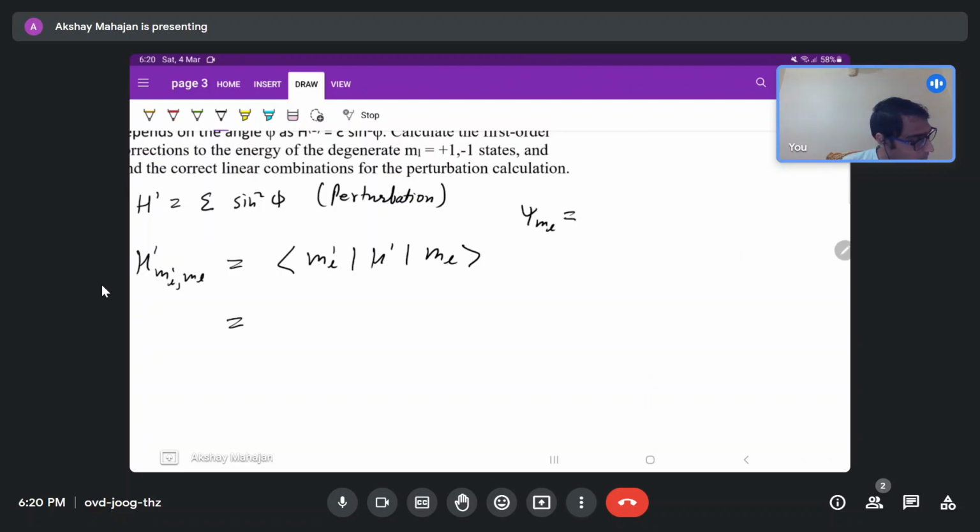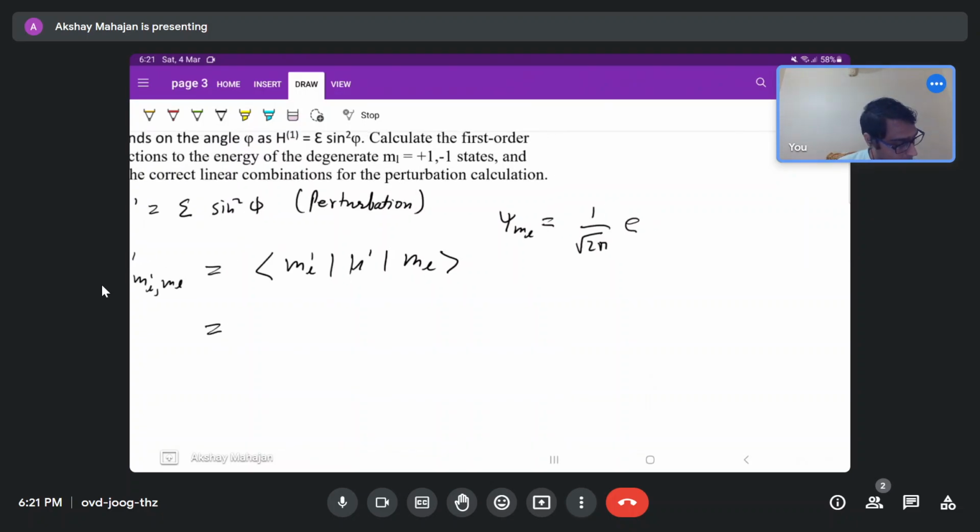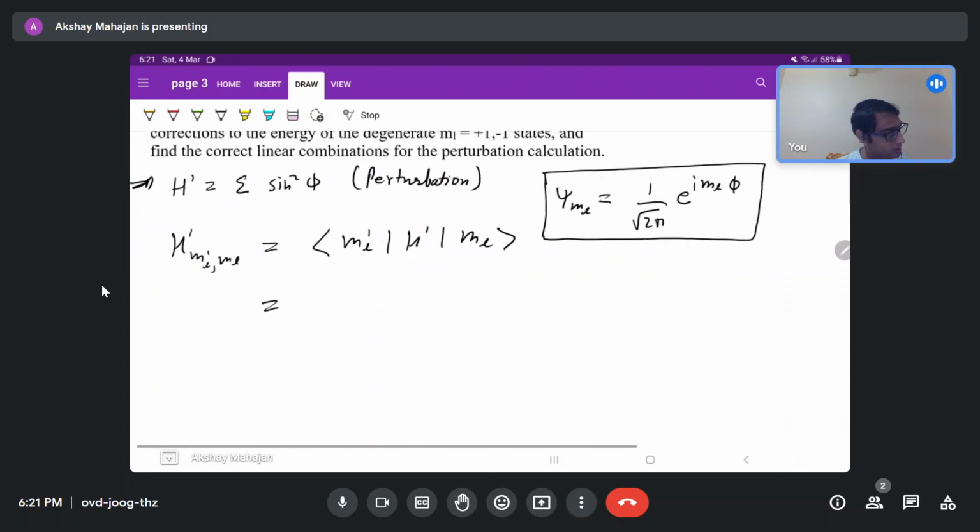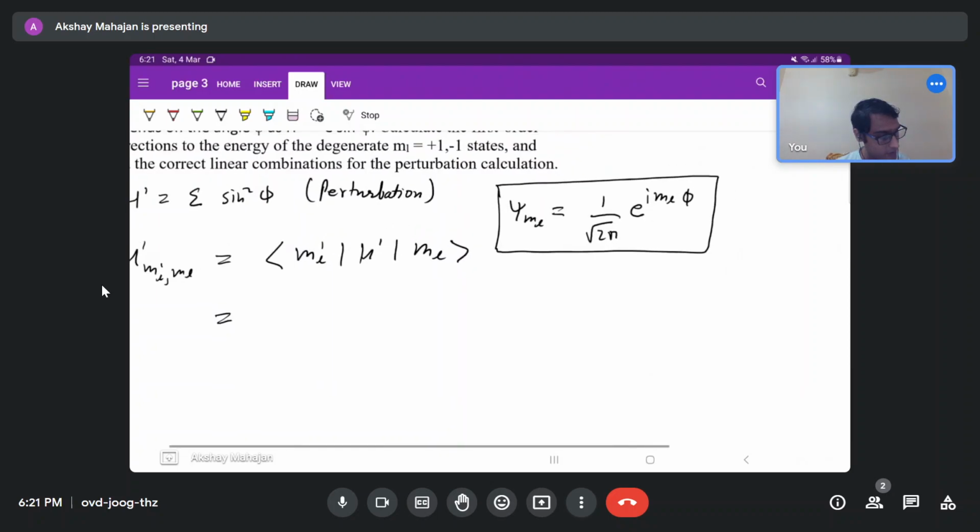Our wave function will be given by 1 by under root of 2 pi, for a particle on a ring, e to the power i ml phi. So this is our psi of ml. And we know H prime as well.